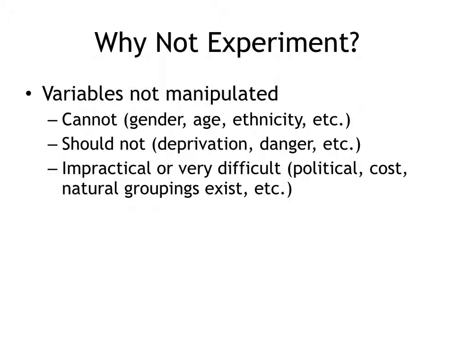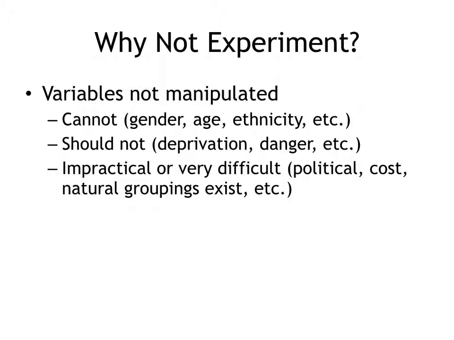And then sometimes it's simply impractical or very, very difficult. There may be political reasons within the culture of a school or a school district or a study, the cost may be prohibitive, and it may be very, very difficult to break apart natural groupings that exist.